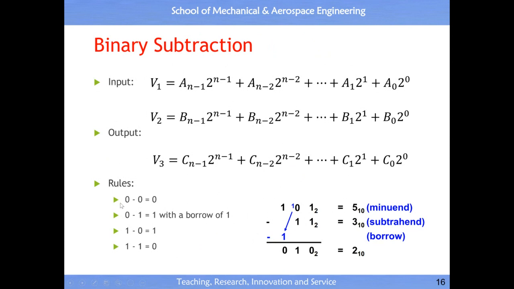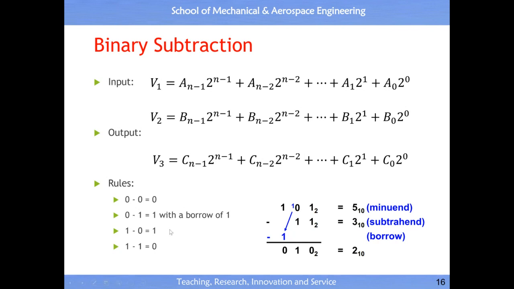For example, if A is 0, B is 0, then 0 minus 0 equal to 0. If A is 0, B is 1, because 0 is smaller than 1, in this case the result is equal to 1 because we have a borrow of 1. When we borrow from a bit on the left-hand side, we get the value of 2, because one position on the left-hand side is 2 times the value at the actual position.